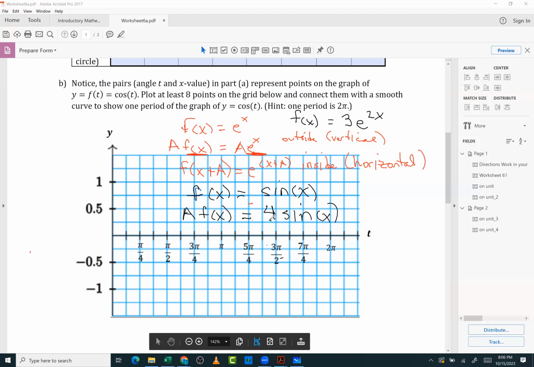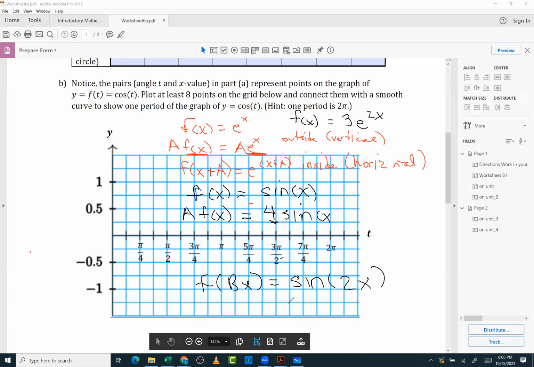Because it's outside the function. If I said f of bx, that was our sine of 2x, we can see it's inside the function, can't we? Yes. That makes us understand that that's horizontal. Okay, so that's the basic way to tell.